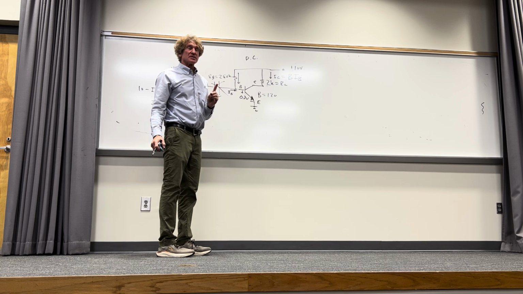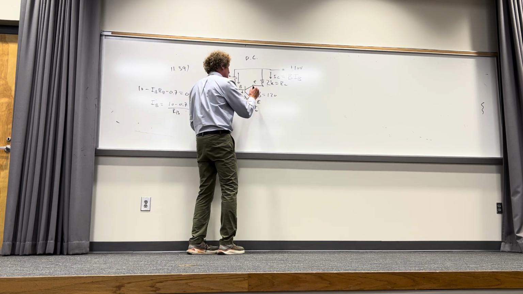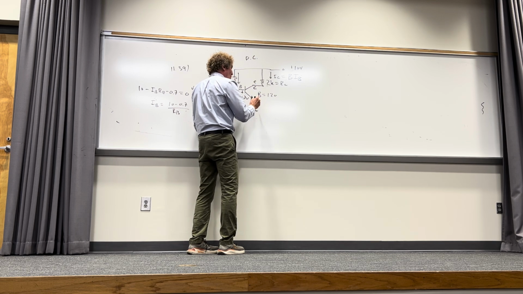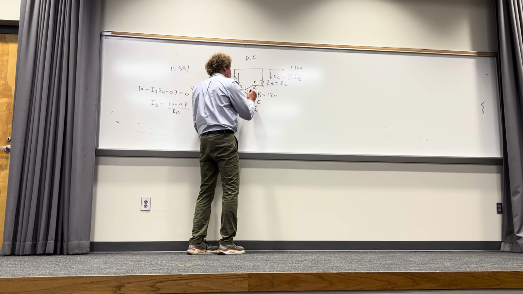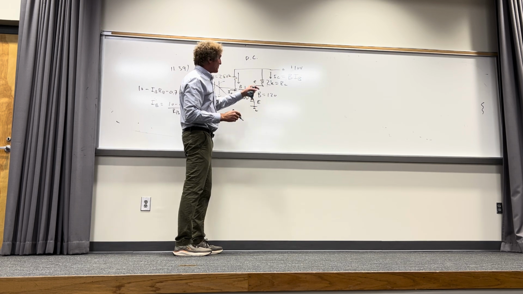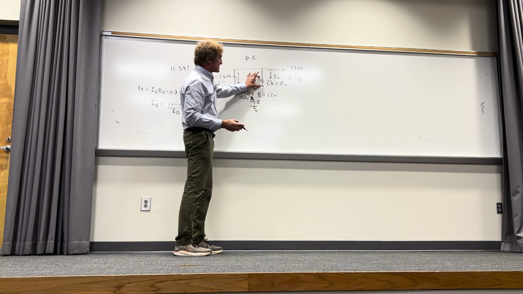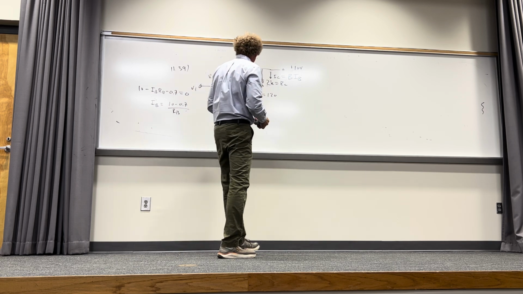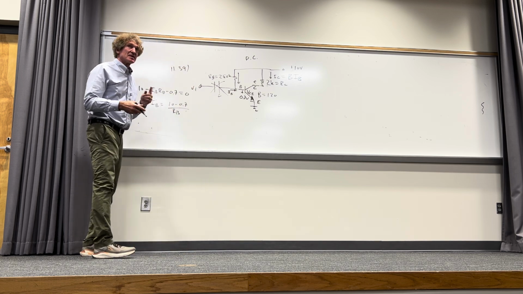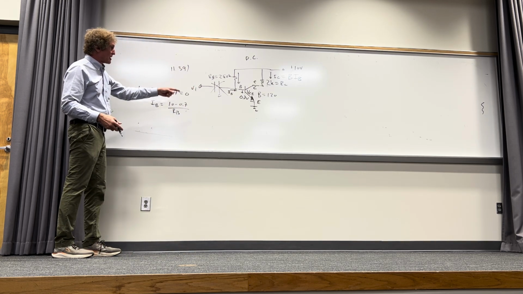Now the idea is this, listen carefully. This is the collector right here. This is the emitter. What they want is the voltage between the collector and the emitter. They want the voltage across this resistor. And basically, if we're going to do this, the way it's done always is get the base current first. This is straightforward. Do you agree?